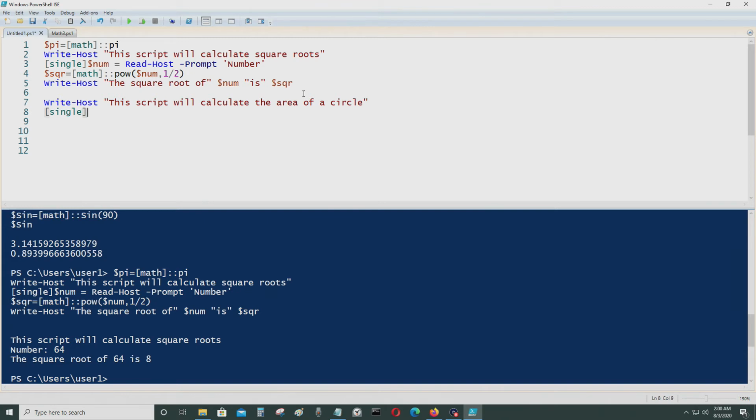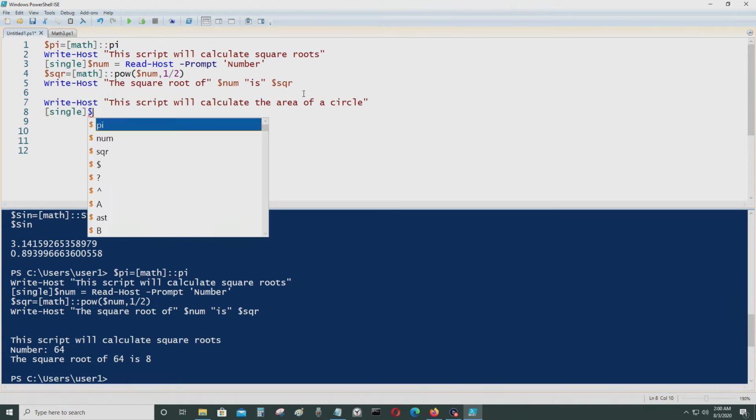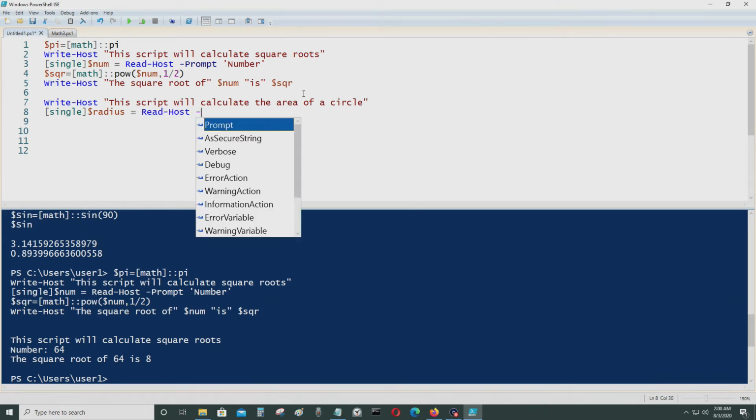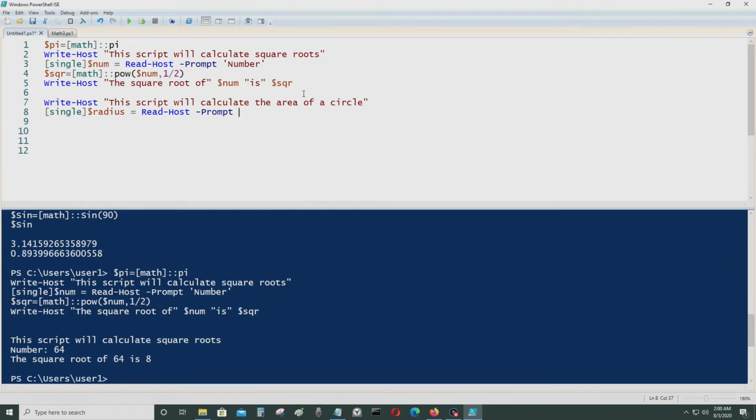Single, call it radius is equal to read host radius.